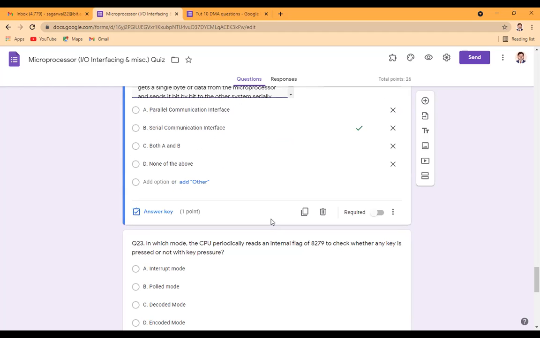Naturally, since we are taking a single byte from the microprocessor and sending it bit by bit to the other device, it is a serial communication interface.